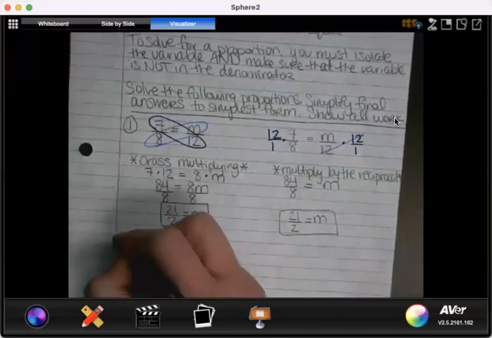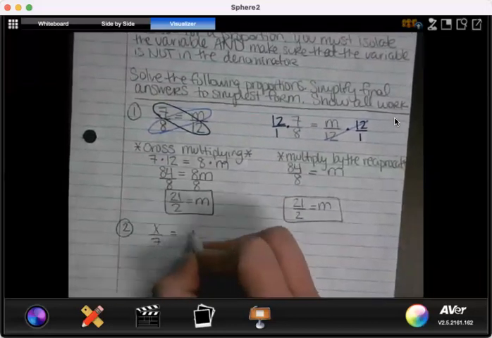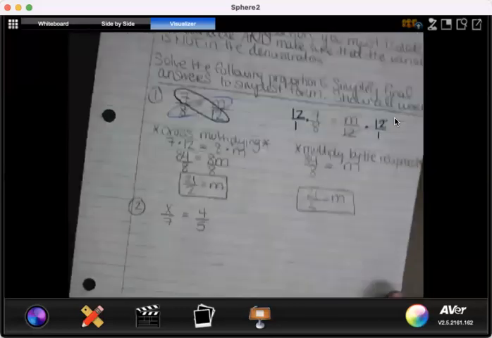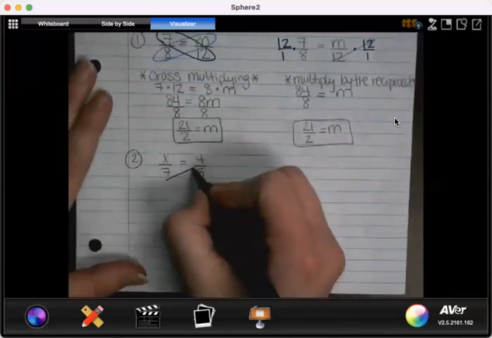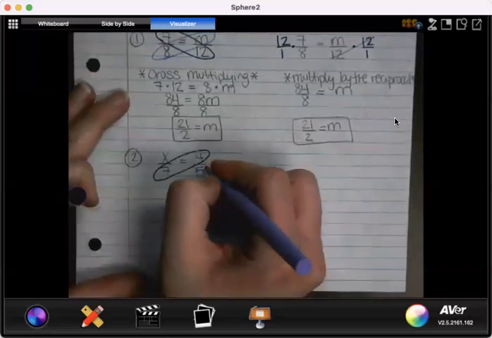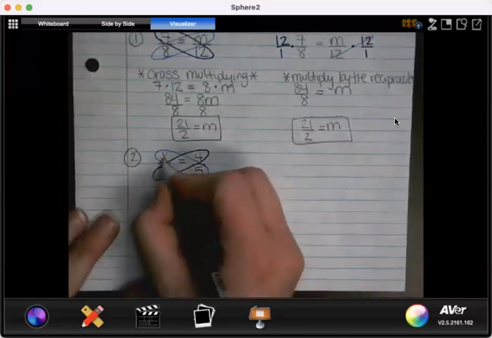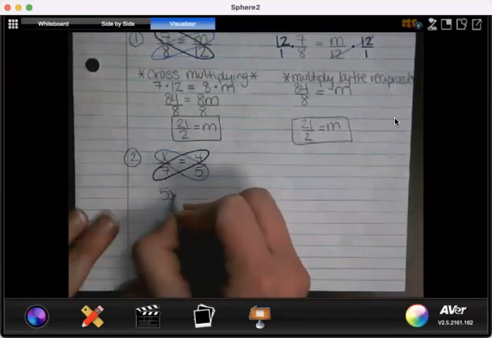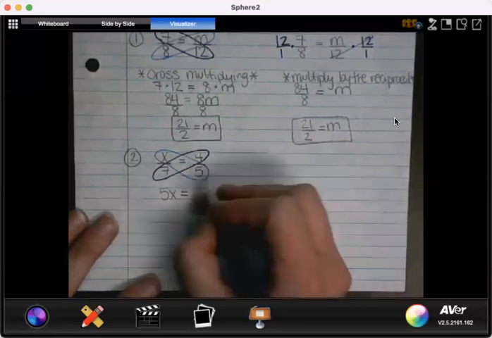Let's try number 2. X divided by 7 equals 4 divided by 5. In order to solve for X, we're going to cross multiply. And so we get X times 5, which we would rewrite as 5X, and we have 7 times 4, which is 28.